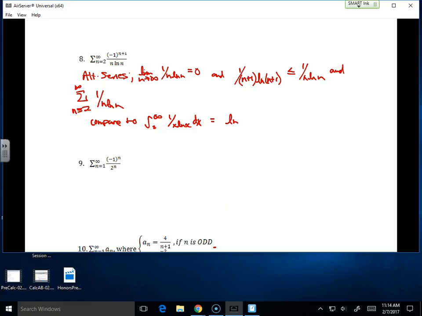So you end up with the limit as b goes to infinity, ln of b minus ln of 2, right?